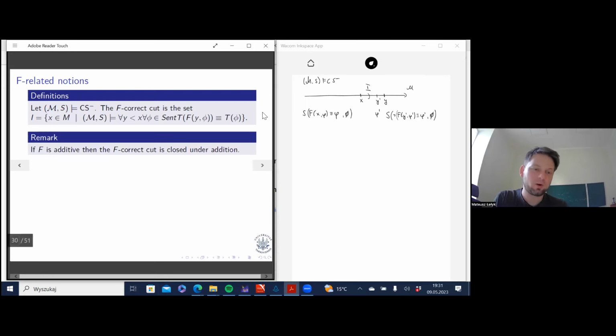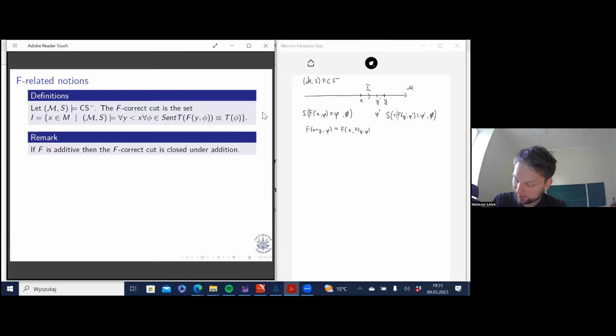Right. So one thing: if F is additive, so in particular it satisfies this equation that f of x plus y phi is literally the same sentence as f of x, f of y phi, then the F correct cut is always closed under addition.